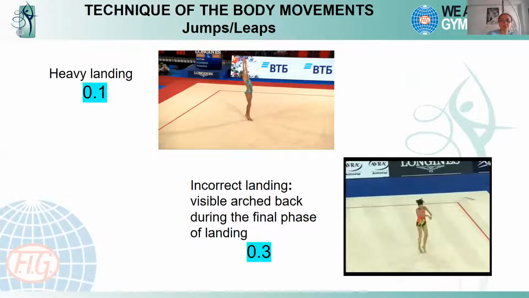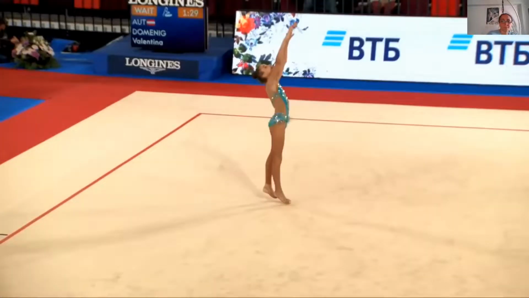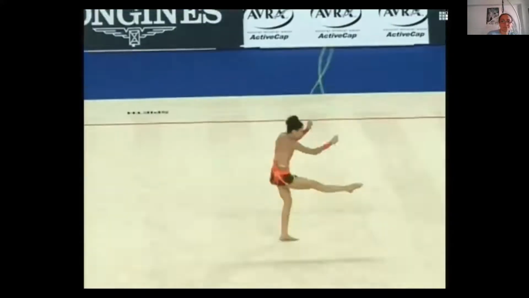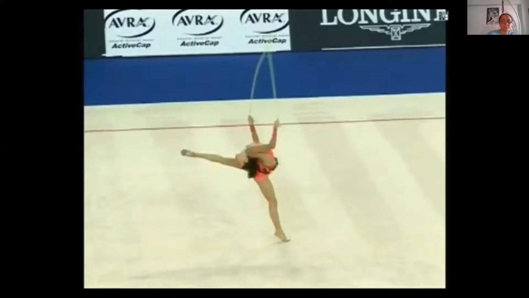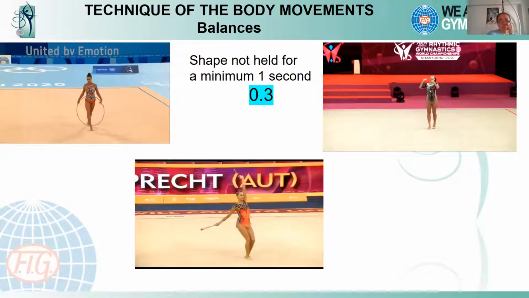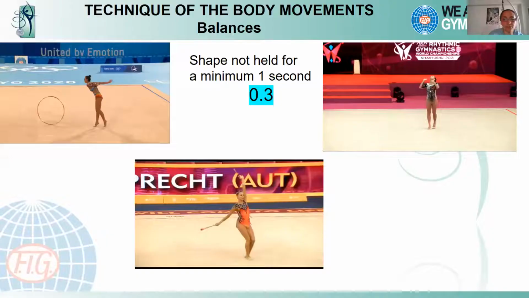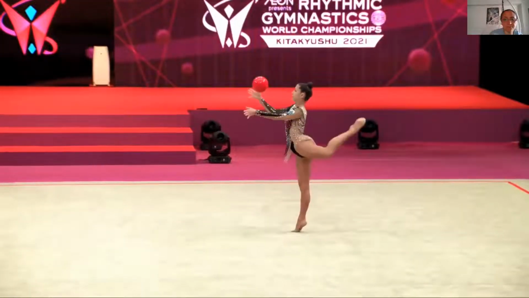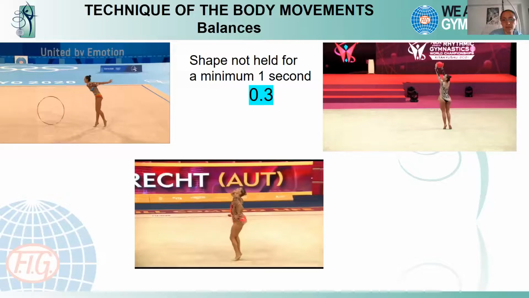This is 0.3. Balances, shape not held for minimum 1 second, 0.3. Penalty, 0.3. The shape is not held. This should be an attitude, shape not held. This should be torbuchon, shape not held, 0.3.